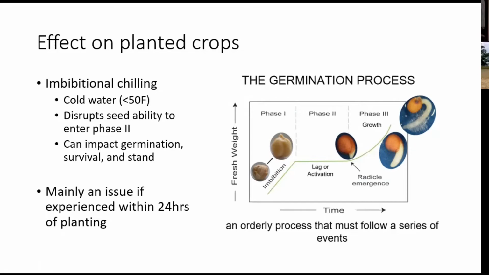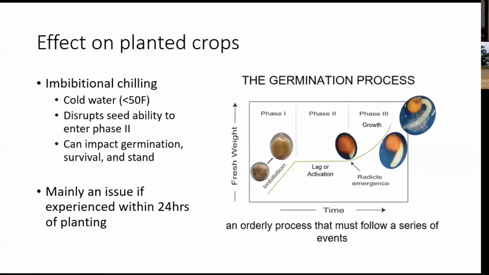So that's kind of what we see here, but it's basically the process of rehydrating that seed to the point where it can start to go into the activation phase, or phase 2, which basically remobilizes a lot of metabolic processes. It allows cells to rehydrate, turgor to be produced within that seed, and ultimately it ends with phase 3 when you have the radicle emerge. So that's kind of the 3 phases of germination.